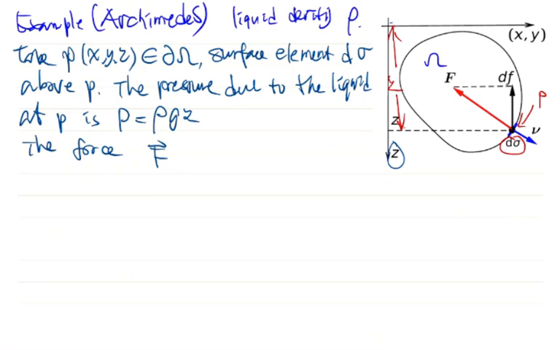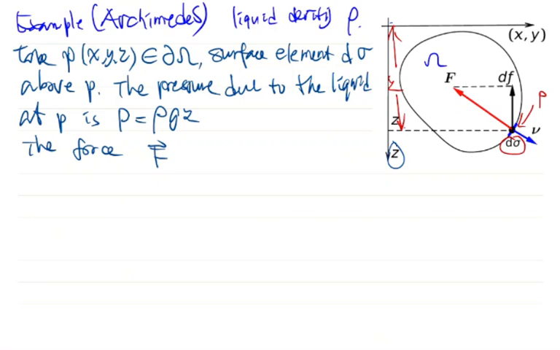As a force, it has a magnitude and also a direction. The direction of F is the inward normal direction at this point, that is, the direction is minus nu, where nu is the outward unit normal vector. The magnitude is the pressure multiplied by the area, and the area of the small piece is denoted by d sigma.